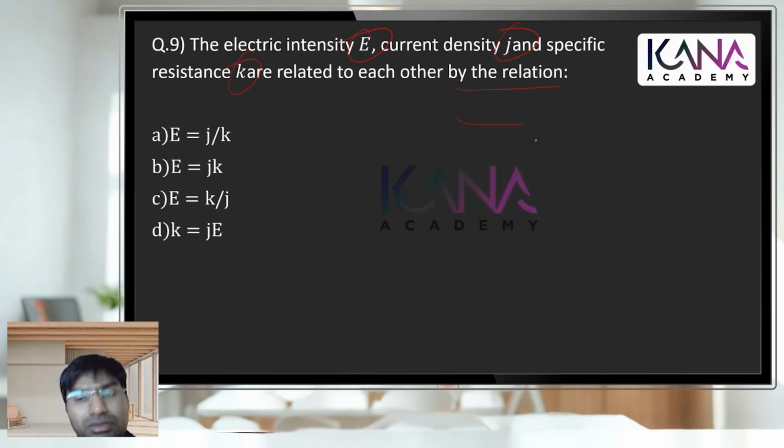So you know that according to Ohm's law in microscopic form, electric intensity is nothing but rho times J. Here this rho is nothing but K. So E is equal to J times K. Okay. So this is the answer.